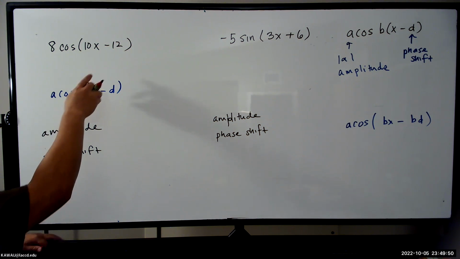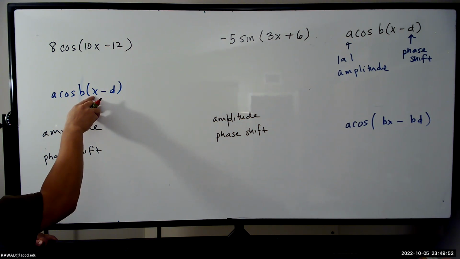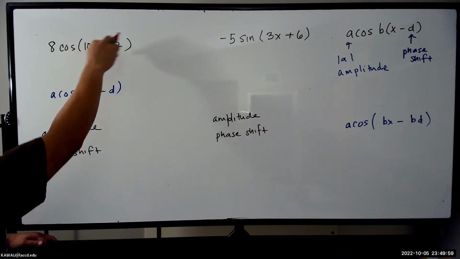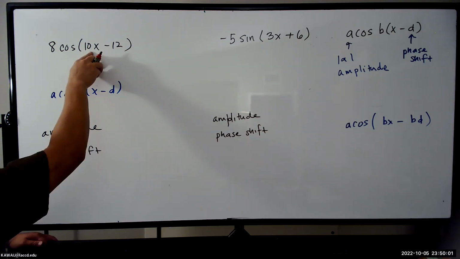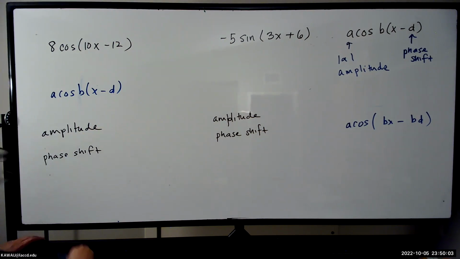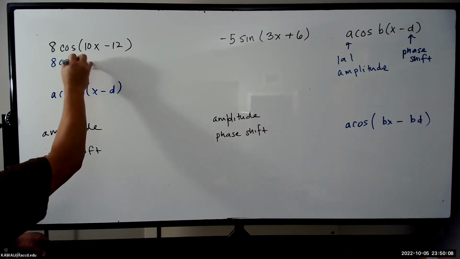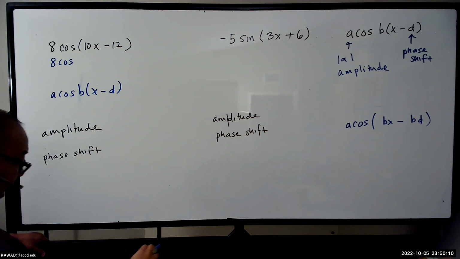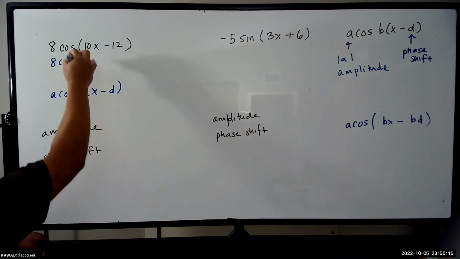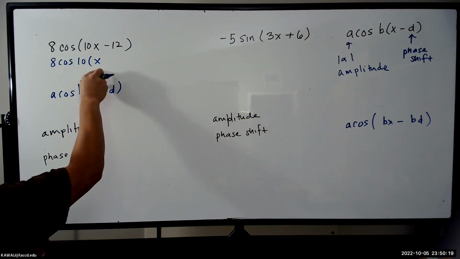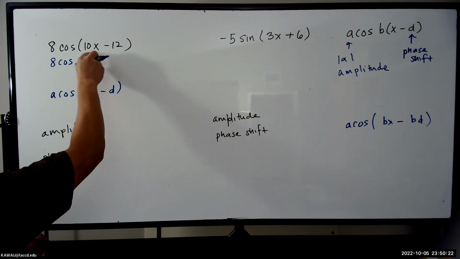Now, what I want to do is I want this X to be isolated. So I want to pull out the 10 out of this. So what we'll do is we'll go 8 cosine. I'm going to factor out 10. X, right? So 10 times X is equal to 10X.